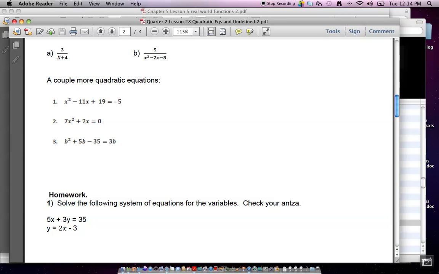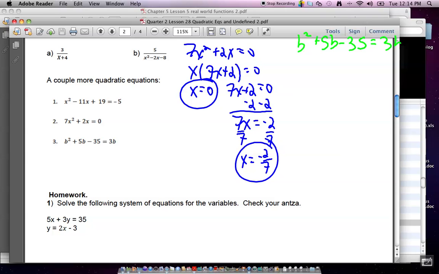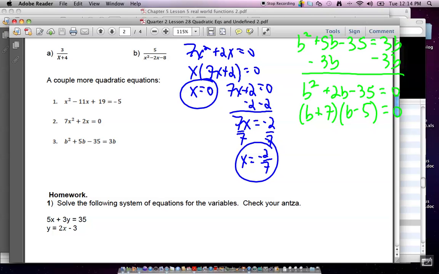Feel free to talk to people if you get stuck, guys. And when you're done, you can look up.